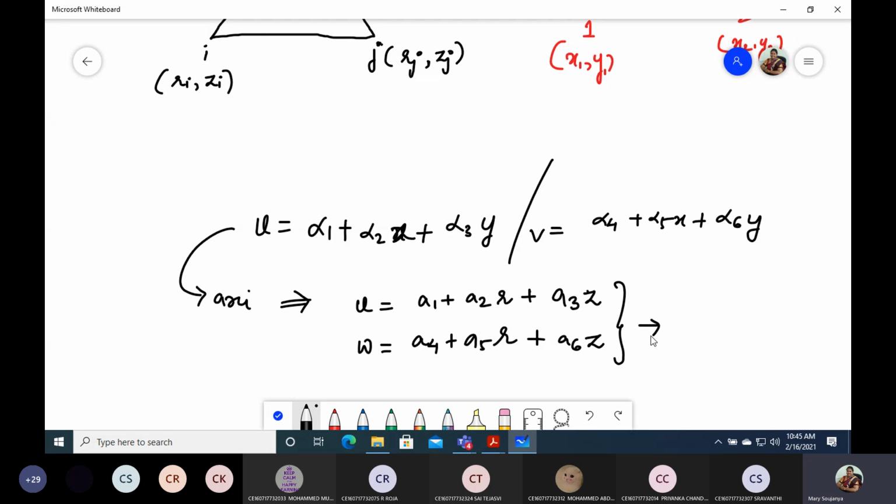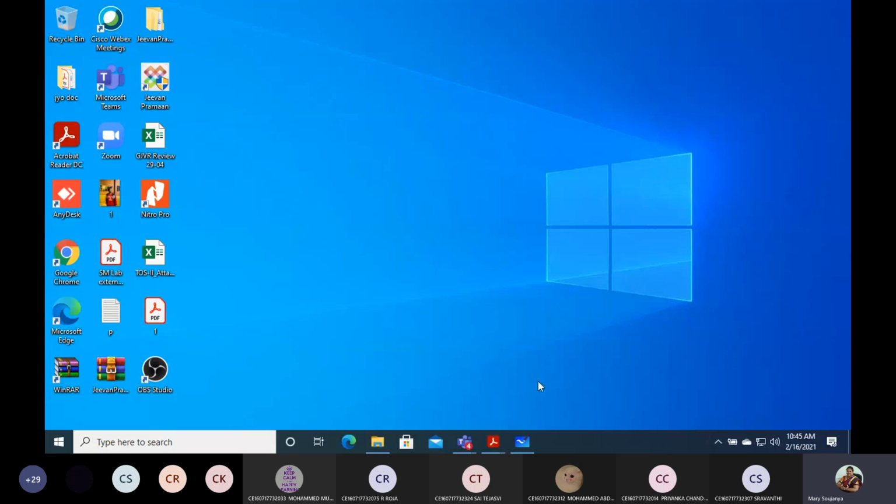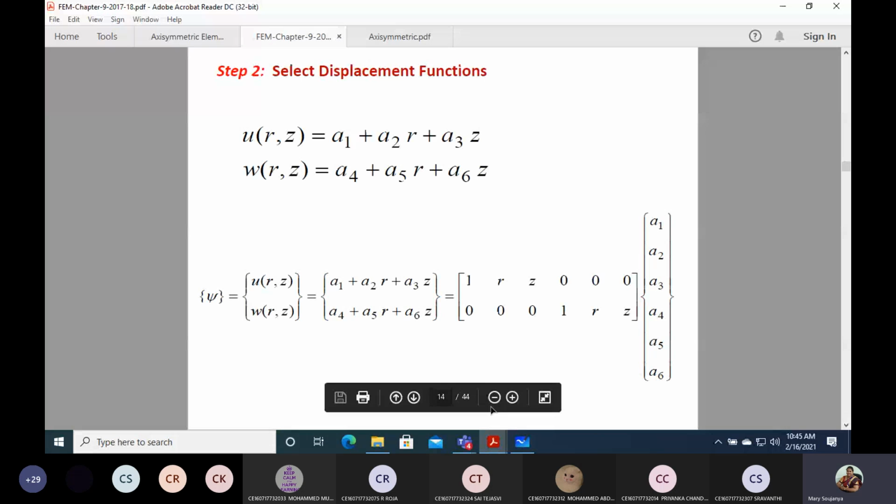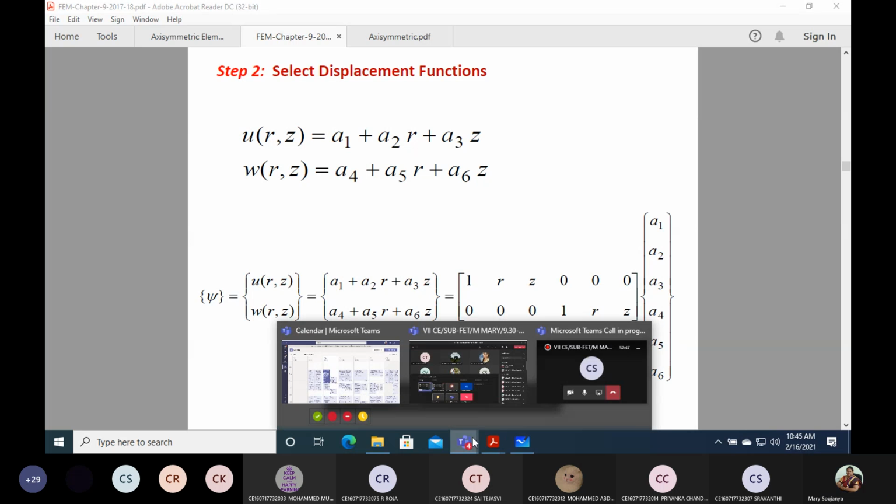These are the displacement functions from which we are going to derive the shape functions. I am just trying to show you the relation between the basic 2D element and the axisymmetric element. The only difference is the coordinate system; the rest is all the same. That you have to understand.